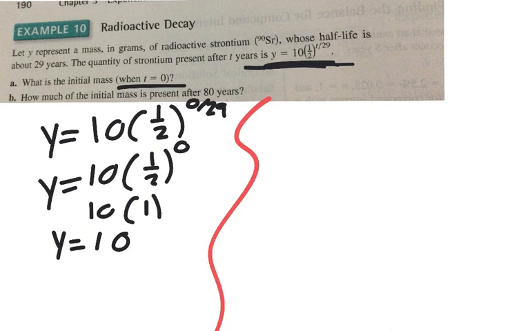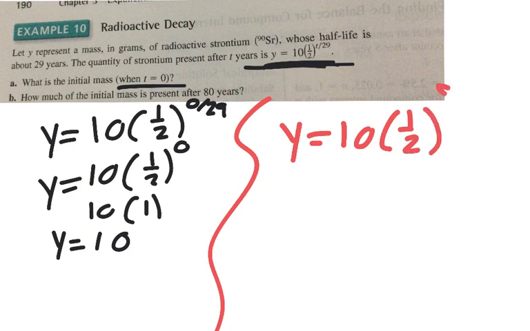B part, how much of the initial mass is present after 80 years? So now we're looking at y equals 10 times 1/2 raised to the, if I'm looking at 80 years, it's going to be 80 divided by 29. This one I am going to have to use my calculator on.